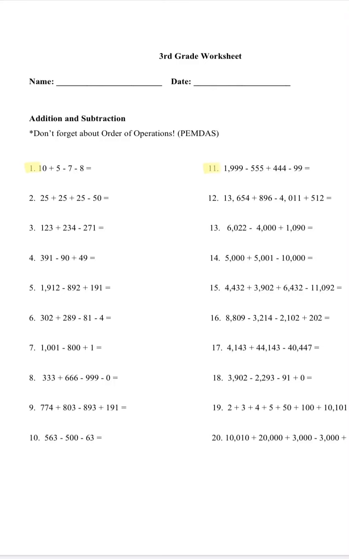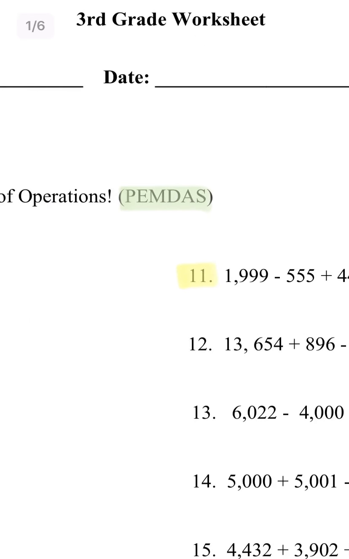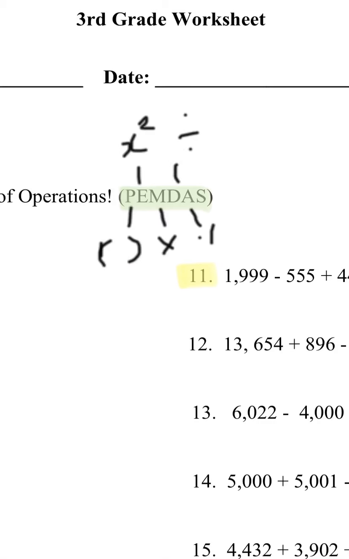So it says, don't forget about order of operations, which is PEMDAS, right? So for those who forgot or who need some review, P is for parentheses, and then E is for exponents, and then M is multiplication, D for division, A for addition, S for subtraction, right?